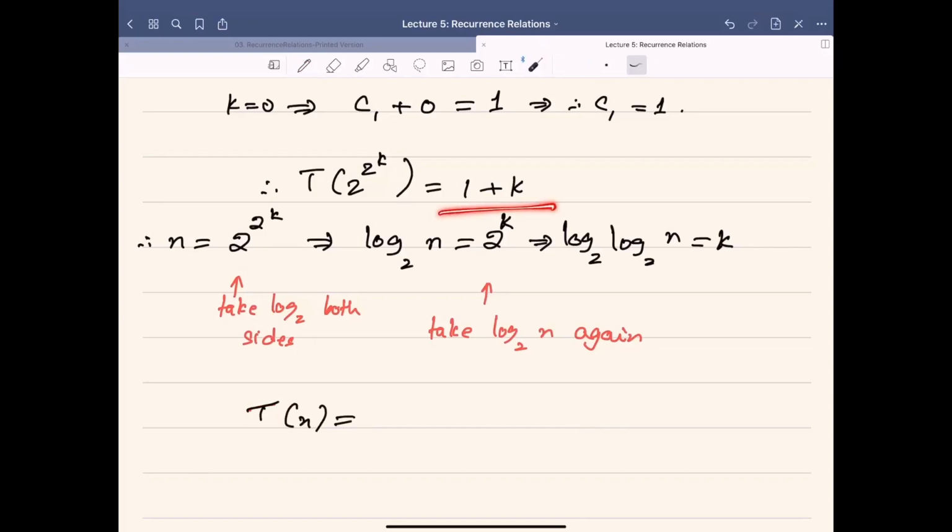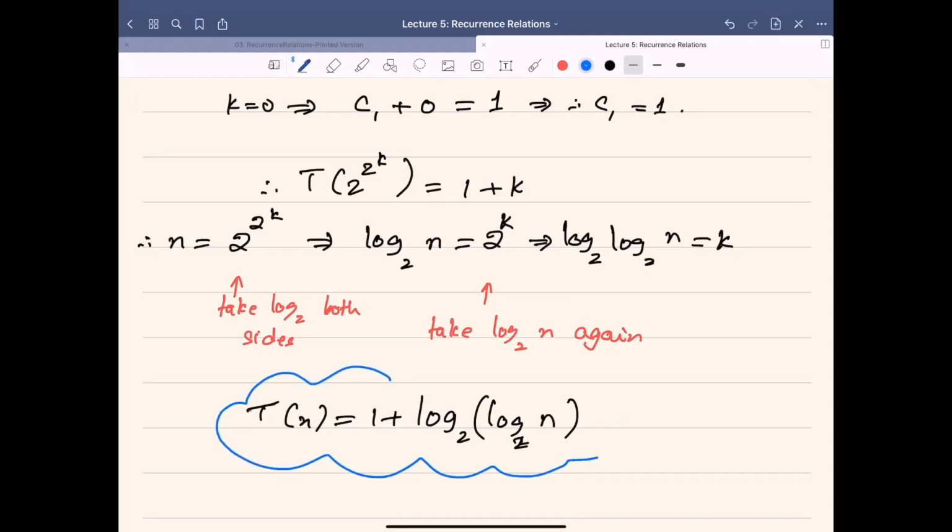And for the one on the right hand side, it will be 1 plus log 2 of log 2 of n. And this is the solution of the recurrence relation.